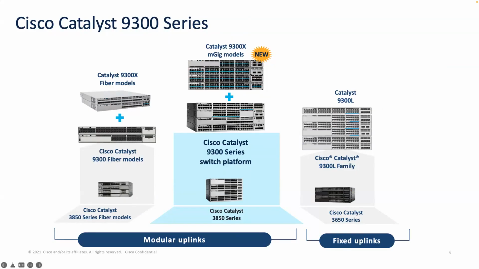And of course, for the next generation, we have the 93X series, also with modular uplinks. So basically, we have three series in the Catalyst 9300. The first one is the standard series, another one is the X series, and the last one is the L series. Okay.